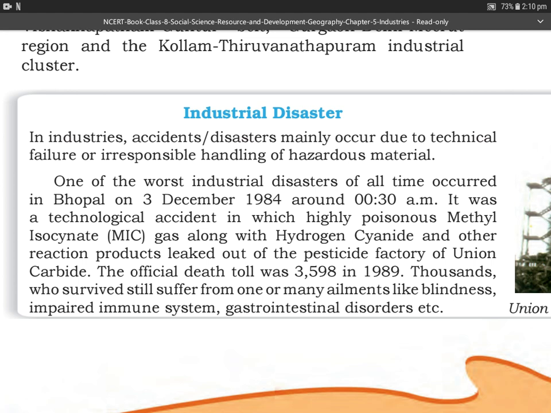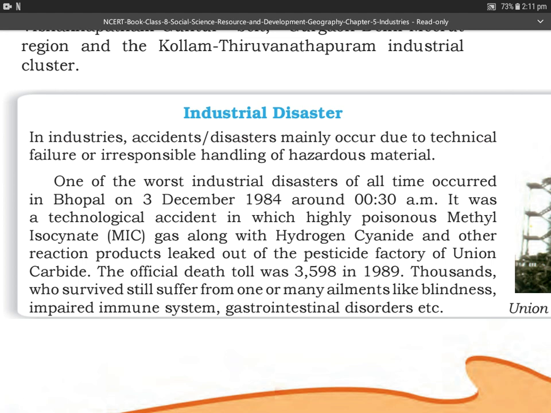You all know that in industries very big machinery is used, electricity is used at a very high level, and technologies are used, and along with all these they are using different kinds of chemicals. So if all these chemicals or technology are not handled properly, then there are chances of an accident.